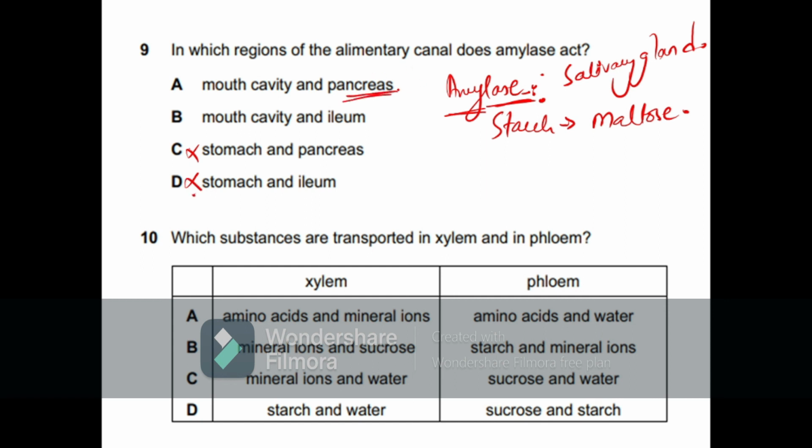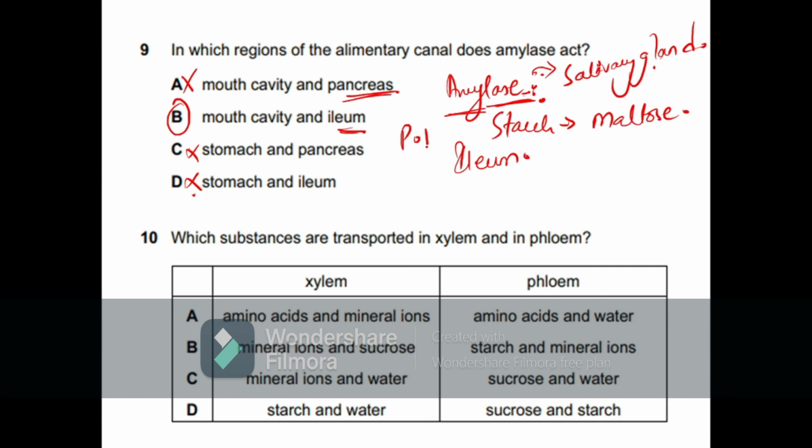Pancreas is not associated with the digestive tract. This is basically a gland which secretes some juices but is not part of the GI tract. So this option is wrong, while mouth cavity and ileum is the right option, because first amylase secreted from the salivary gland acts in the mouth, then in the ileum.